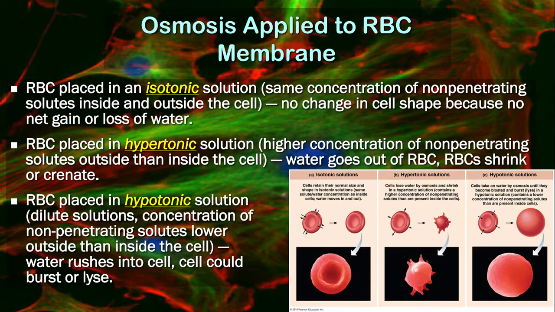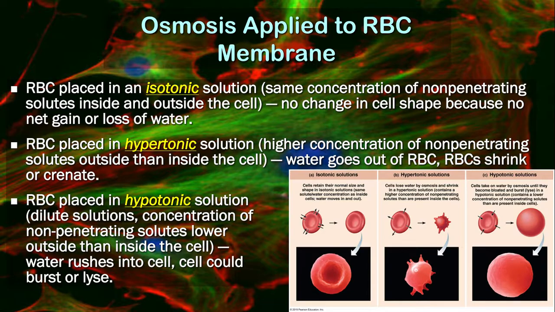So in the isotonic solution, the water is moving in and out at the same rate. What's going to happen to the size and shape of the cell? It's going to stay the same, right? So the cell will not change. So isotonic, same, no movement, the cell's not going to change.